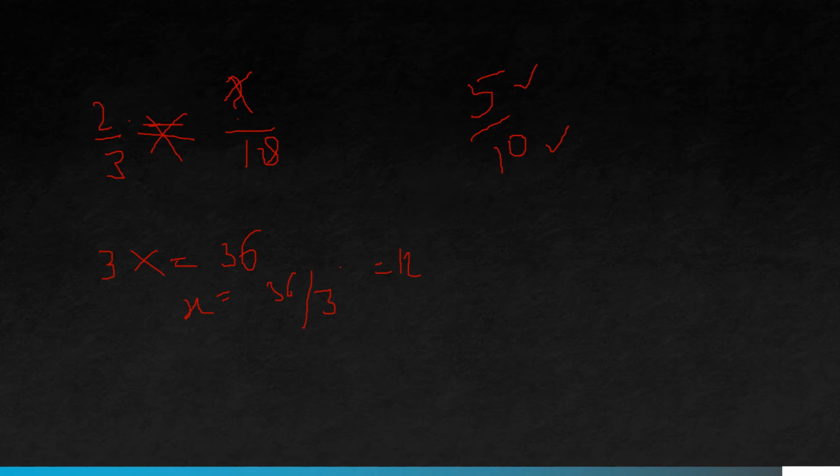So we can cut this. 5 ones are 5, 5 twos are 10. So now 1 upon 2 is the equivalent fraction. So 1 by 2 is the equivalent fraction for 5 upon 10. Okay, got my point?